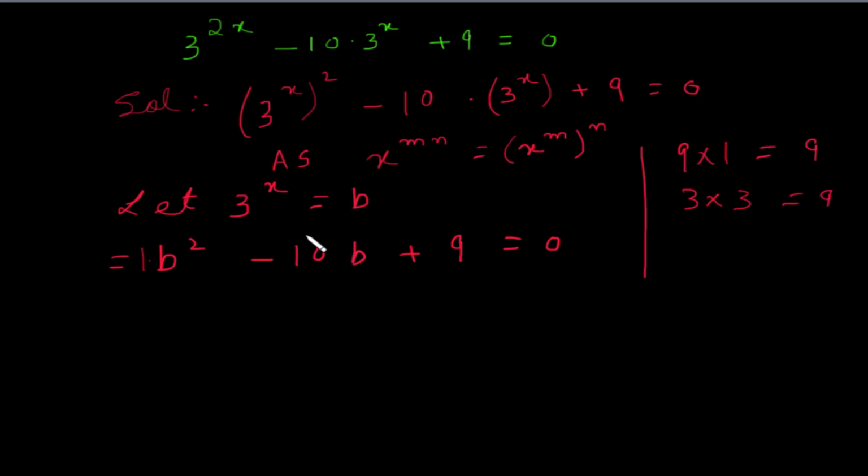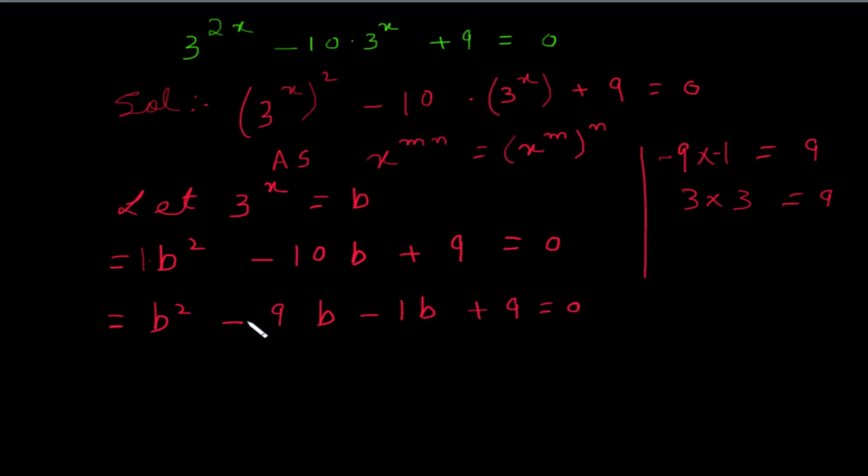But we have to make a combination that gets us minus 10. So taking both negative, adding these two numbers gives us minus 10. So we can rewrite the middle term as minus 9b minus 1b. This leaves us with b^2 - 9b - 1b + 9 = 0.